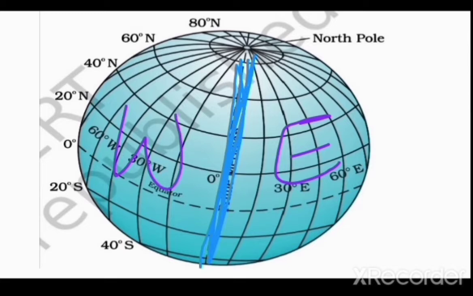You can see that these longitudes are also measured in degrees. When we count from 0-degree to 180-degree on this side, and from the western side also 0-degree to 180-degree, you will see that 180-degree east and 180-degree west are falling on the same line.